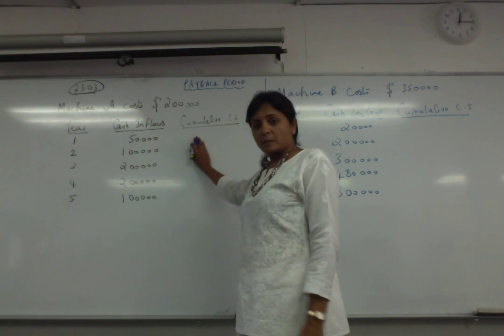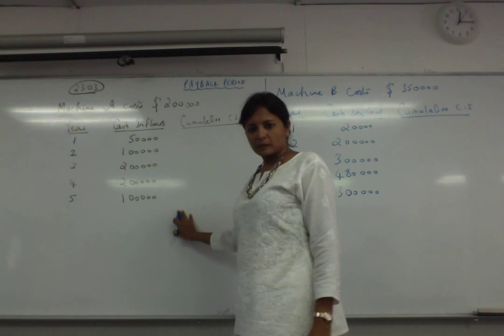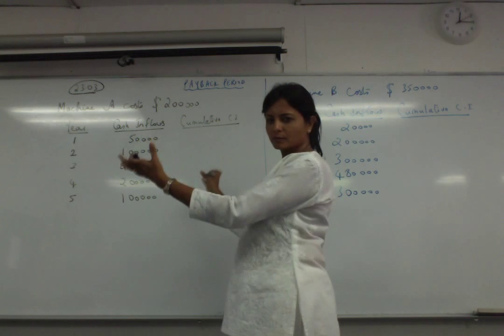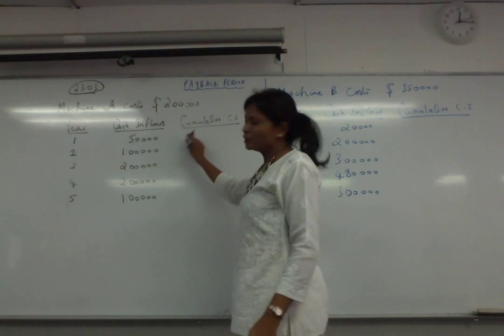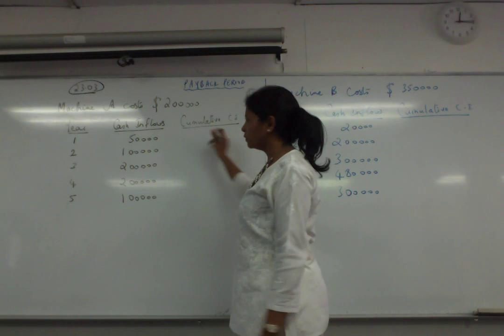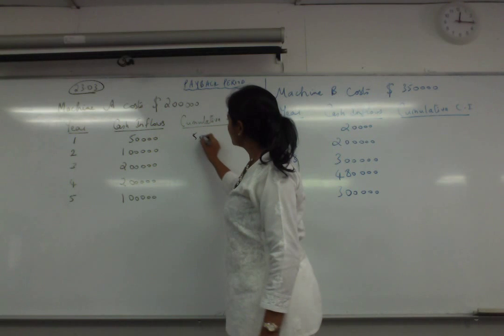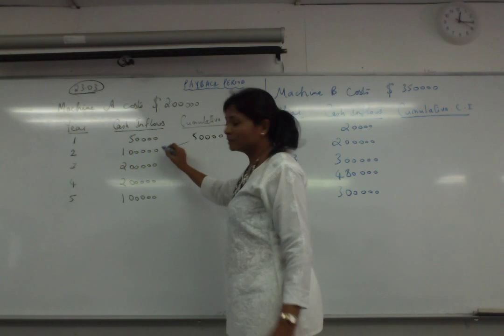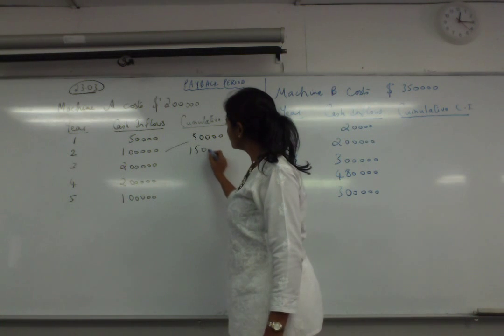So the first step is you write this down vertically, not horizontally, because it makes it very easy to do the maths. We need to find the cumulative cash inflow. How do you find the cumulatives? Put the $50,000 first. The cumulative is by adding these two up, so you get 150.